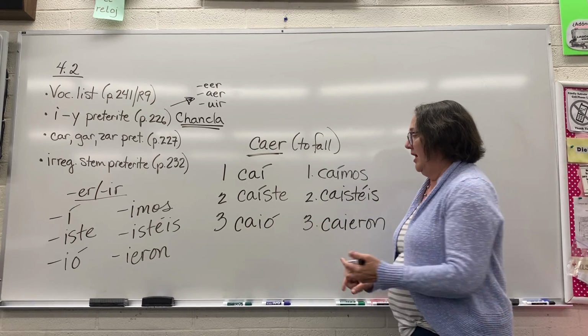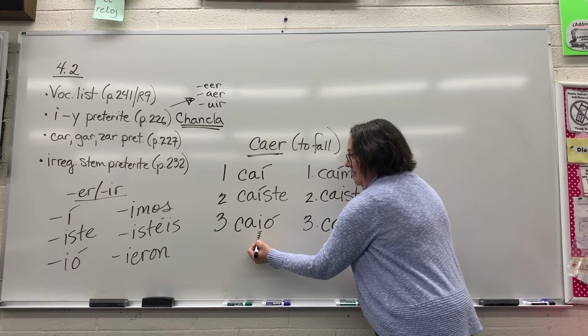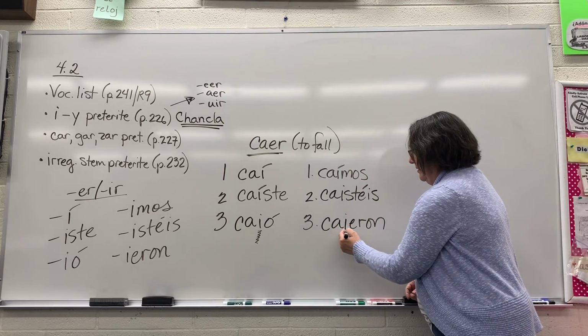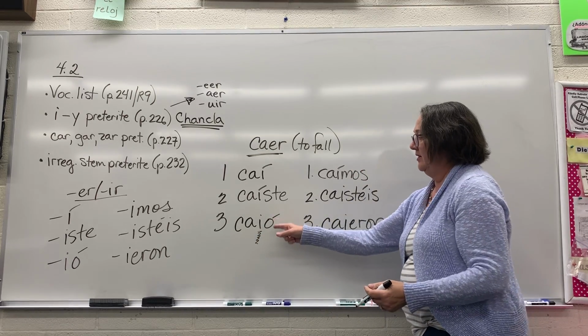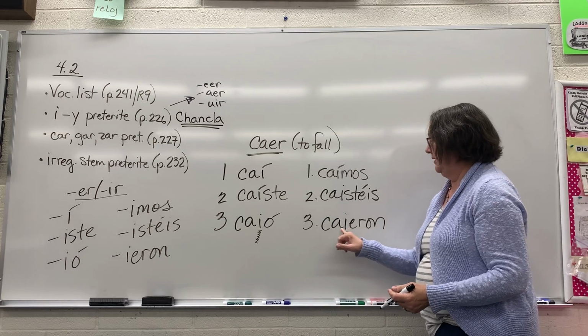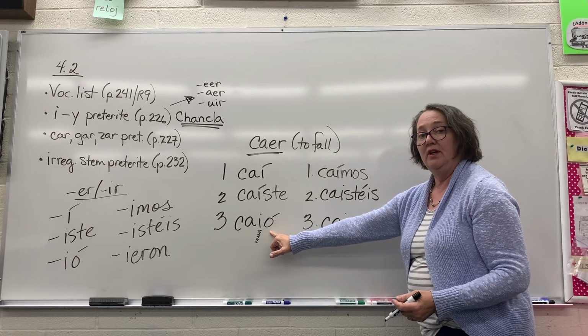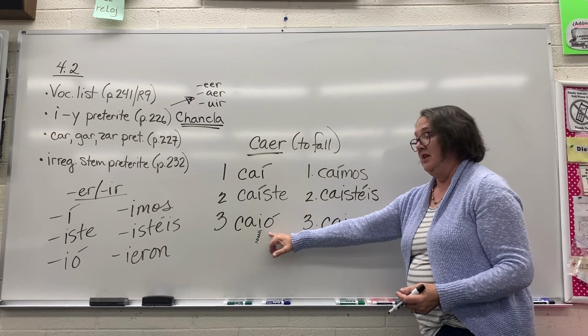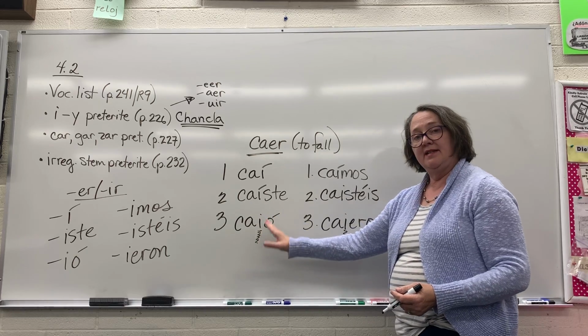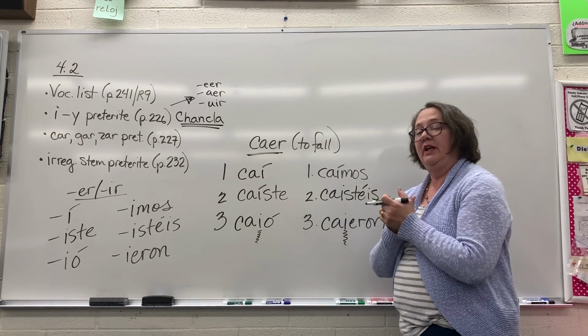And also, I know that this little guy, the I, is a weaker vowel, and the A, E, and O are stronger sounds. So if I leave that I as an I, he's a weak sound and he'll get lost.